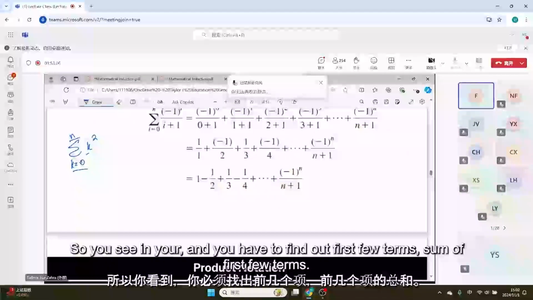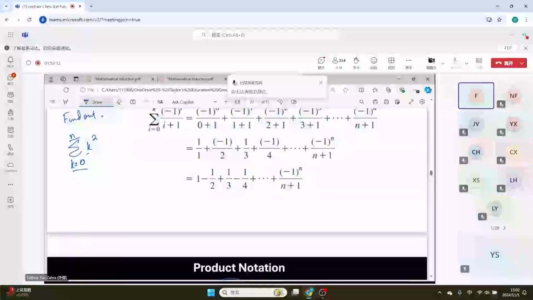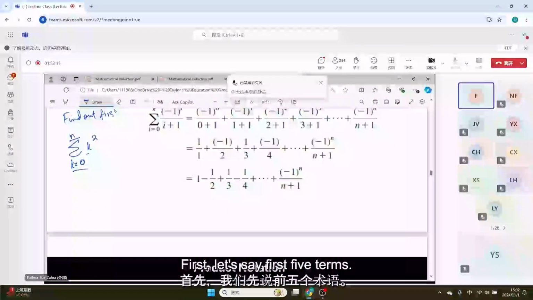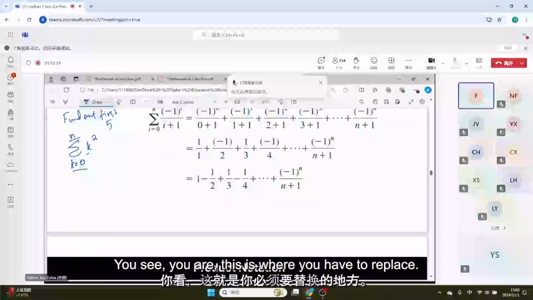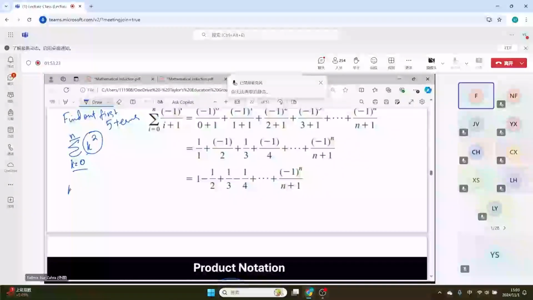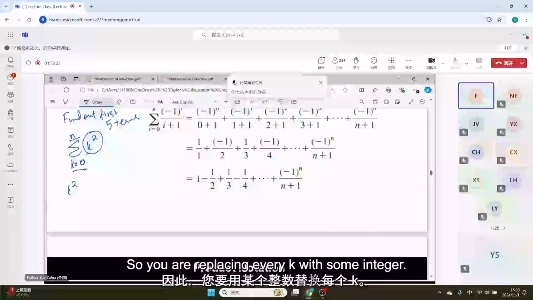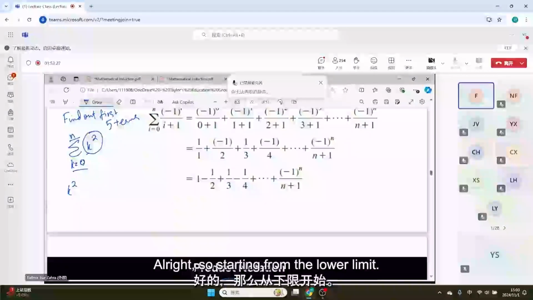You have to find the sum of the first few terms, let's say the first 5 terms. This is where you have to replace. So k squared: you are replacing every k with some integer.